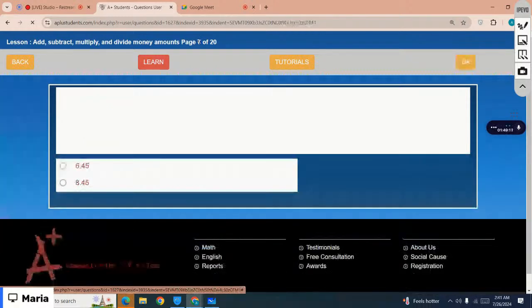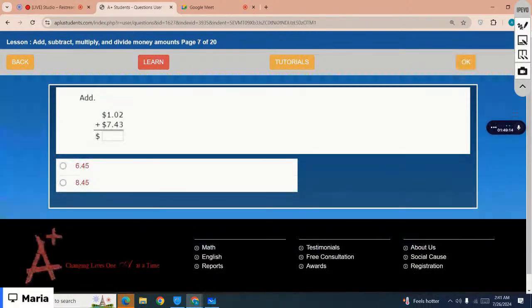Okay, the next one is add 1.02 plus 7.43. So which is the correct option?